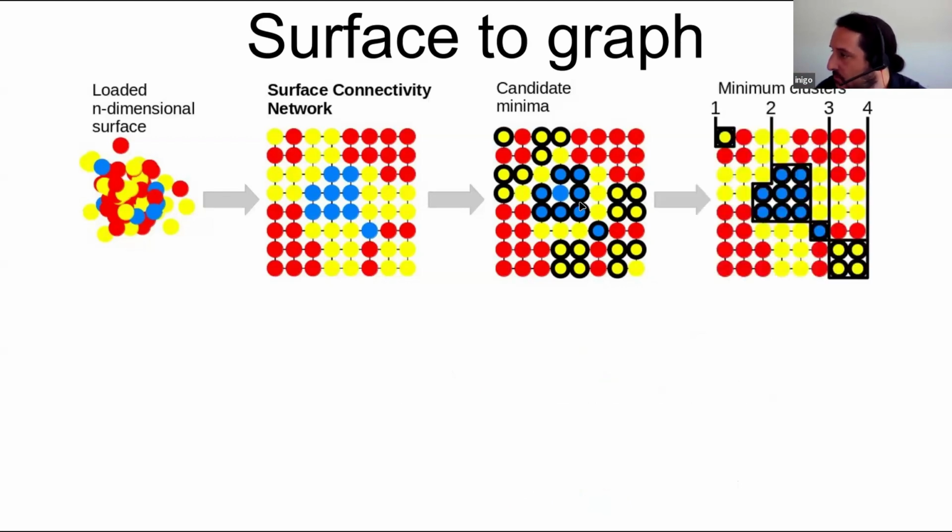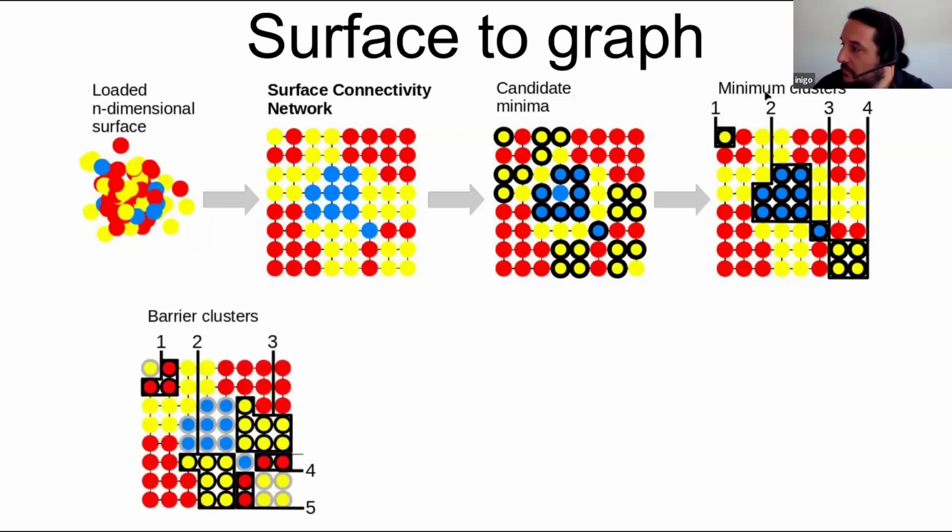Once we have identified those candidates, we propagate through those candidates along points that are connected with the same energy level. And with this, once we have built these clusters, we evaluate the validity of these clusters as minima themselves. And those that pass this rule become our minimum clusters.